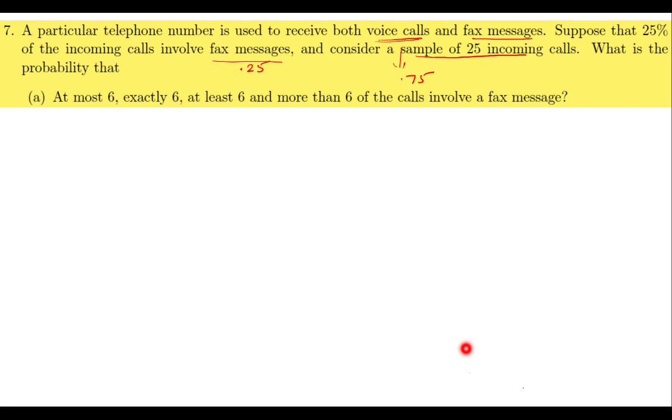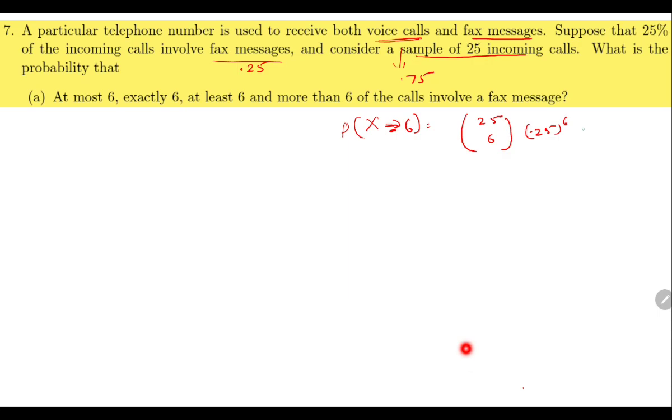So one idea is that you can always compute these values. For example, x would be the random variable which counts the calls that involve a fax message. If you are looking for probability of x equal to 6, it means out of 25 it is 6, and each of those 6 has the probability 0.25.